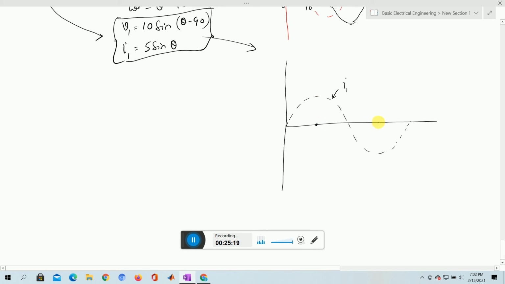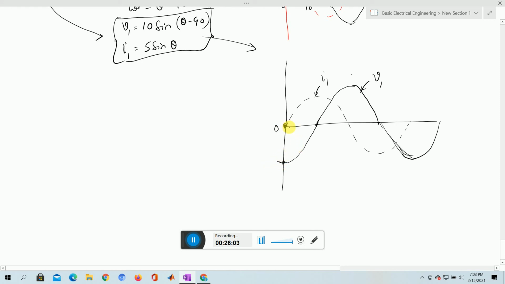This is the 90 degree point, and here I draw the value a little higher than this, to justify the 10. This is very high, but I am just drawing it as a phasor so that the angular changes can be reflected. If I draw the negative of it, it moves like this. So this is V1, and here we get I1. To avoid confusion, let me remove this term. So the current is here at 0 and the voltage is here, negative.